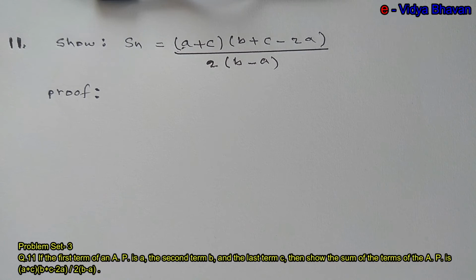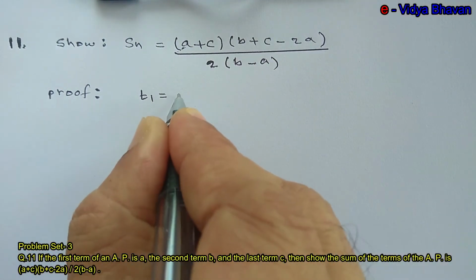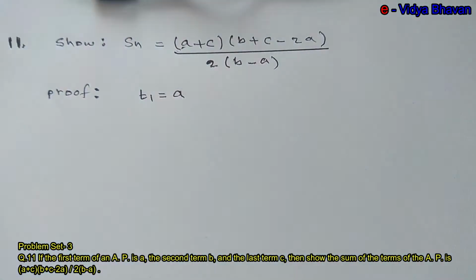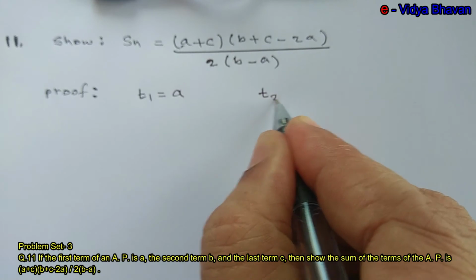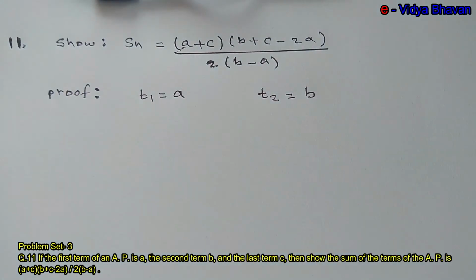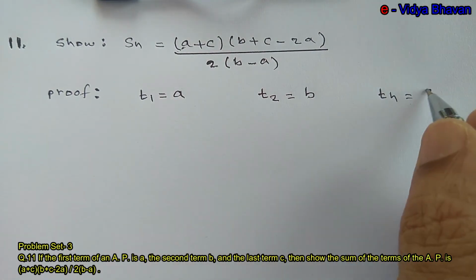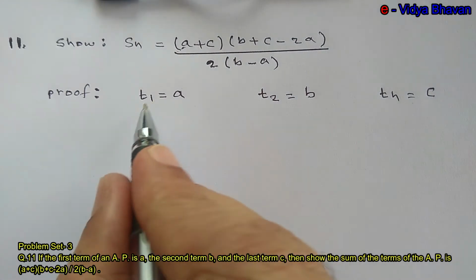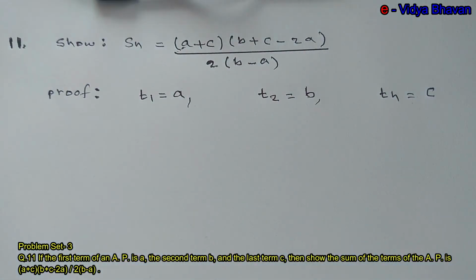First term of an AP is A, that is T1 is given A. The second term is B. T2 is given B. And the last term is given C, that is Tn is given C. So T1 is A, T2 is B, and Tn is C.